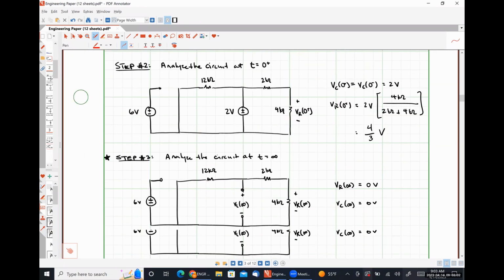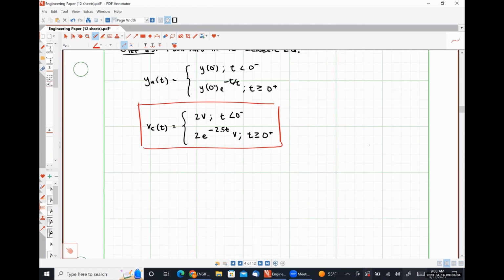So using voltage division, VR of t is going to be equal to VC of t times 4 kilohms over 2 kilohms plus 4 kilohms.